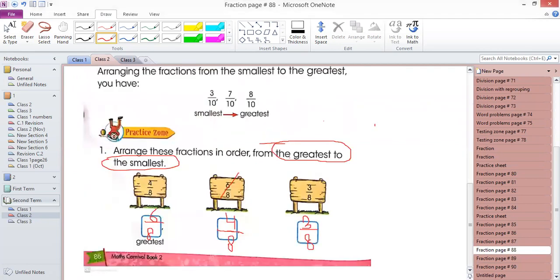Now, if I ask you which is the smallest fraction, 2/3 or 1/3?